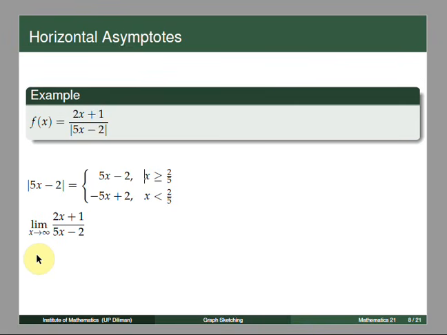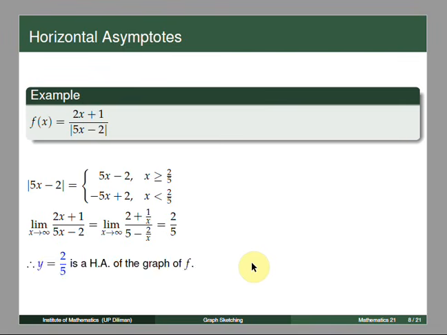We then again multiply both numerator and denominator by 1 over x to get the limit as x approaches infinity of 2 plus 1 over x all over 5 minus 2 over x, which of course equals 2/5. We conclude that y equals 2/5 is a horizontal asymptote of the graph of f.